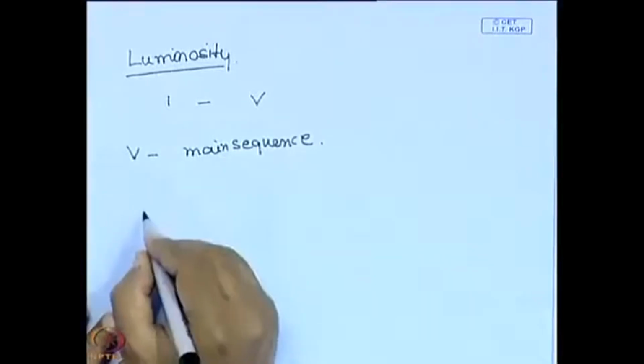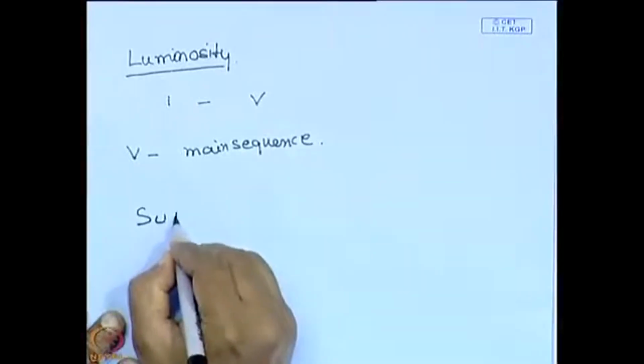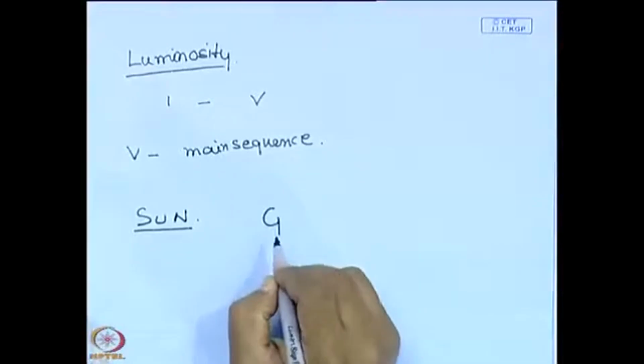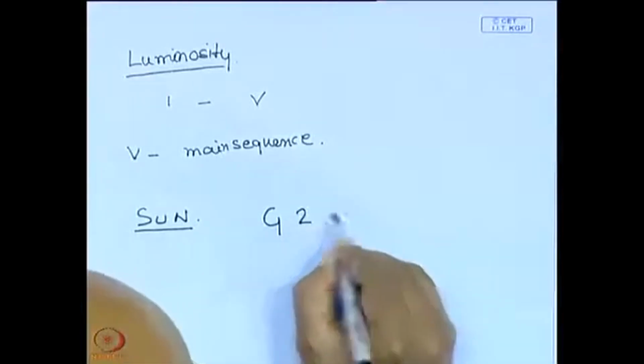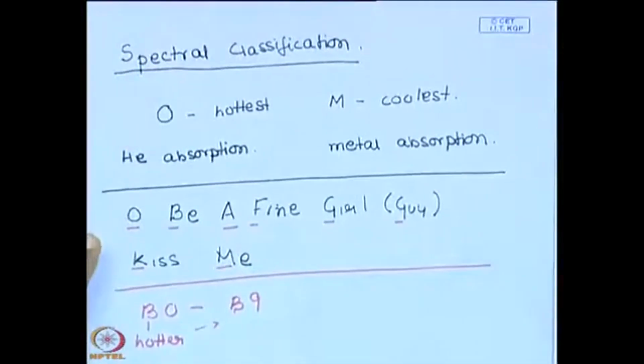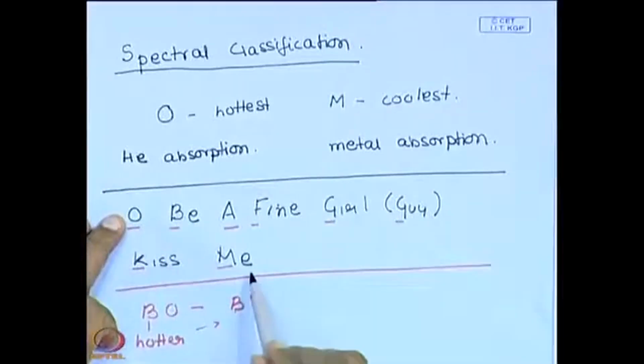So, the sun, for example, is classified as G2 5. Okay, that is the classification of the sun. To just have a look, where does the sun lie? The sun is a typical star, very ordinary kind of star, and it is not a very hot star, neither is it a very cold star.